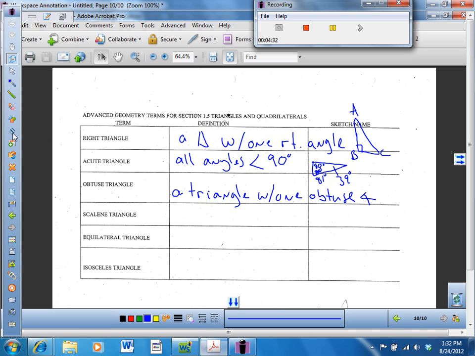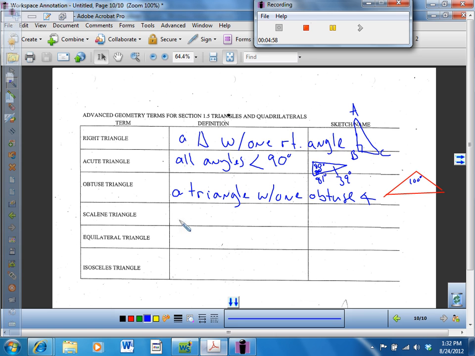Let's see if I can do a little bit better on my drawing. Let's make this like that, and then like that. It's obtuse, bigger than 90 degrees, right? And so let's just call this angle up here 100 degrees. Okay? And then that would have to be an obtuse triangle. You can look at the picture. We don't have to jump back and forth.